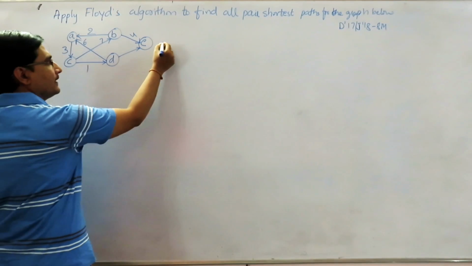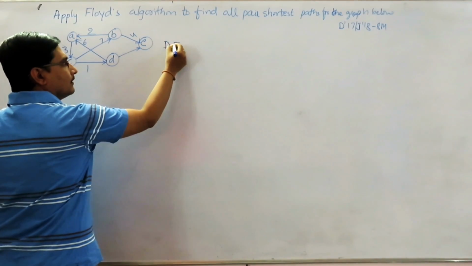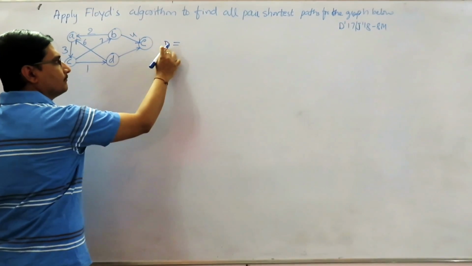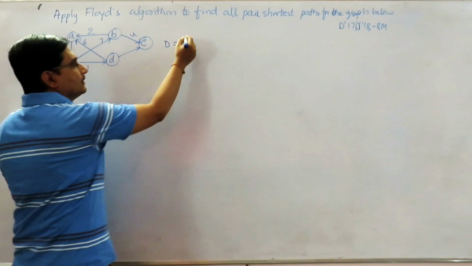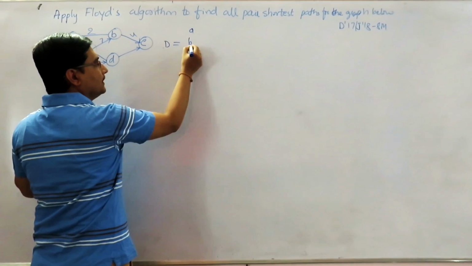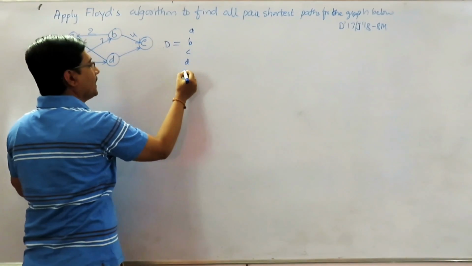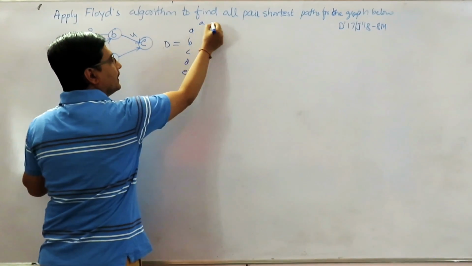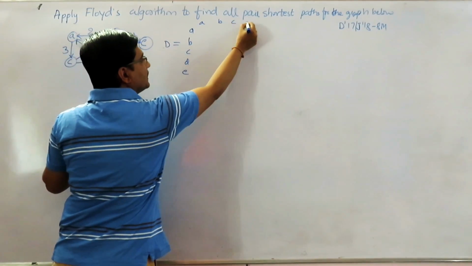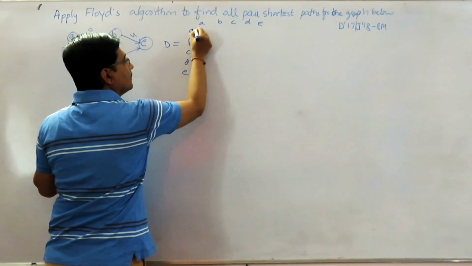So first we need to find the weight matrix of the given graph. A, B, C, D, E are given.